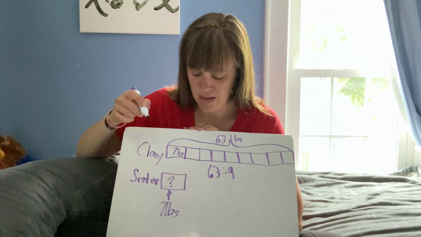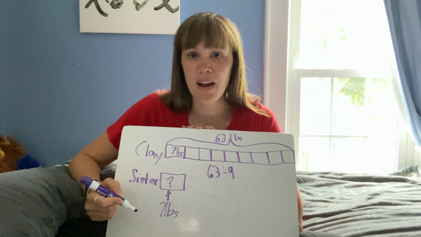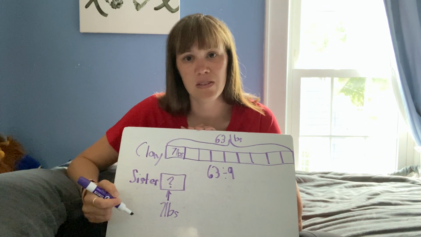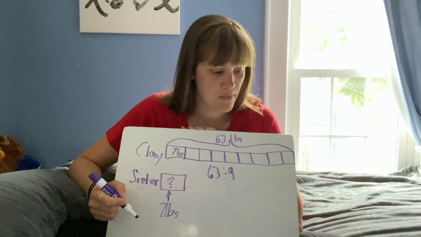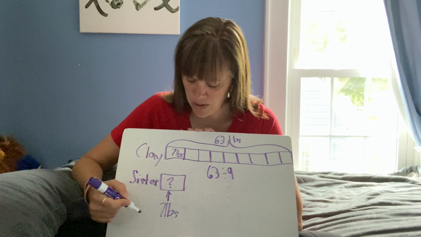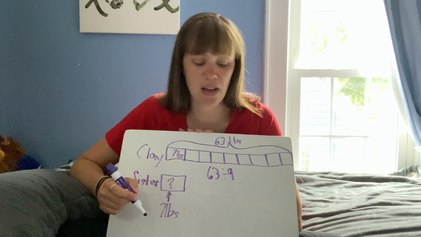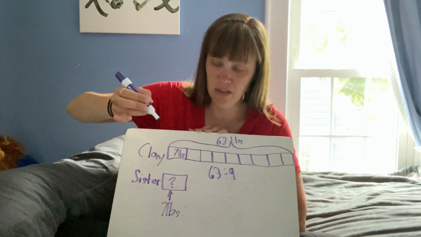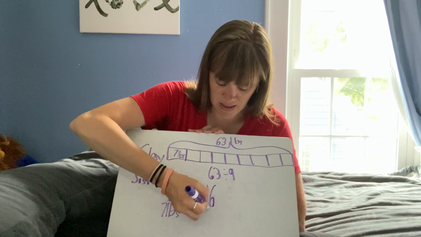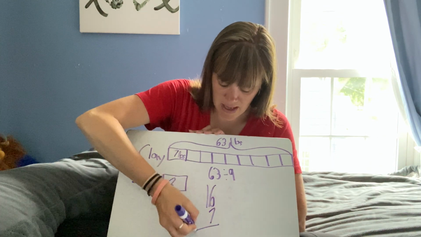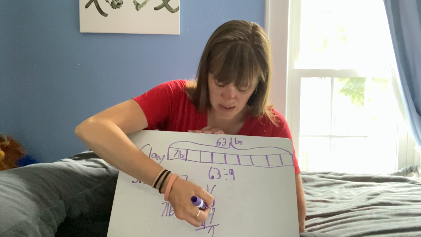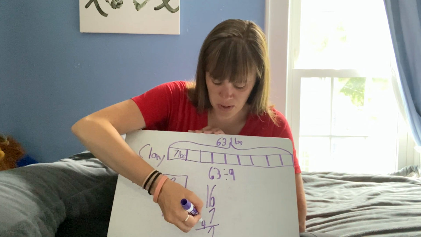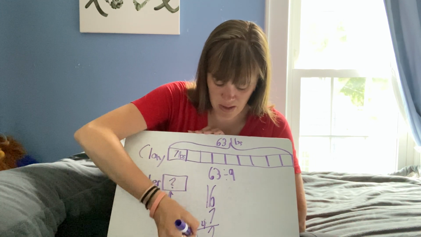Oops, lbs. So now we can't just say she was 7 pounds. We have to convert that to ounces. Do you remember how many ounces are in a pound? It is 16. 16 ounces in a pound. So 6 times 7 is 42. 7 times 1 is 7, plus 4 is 11.